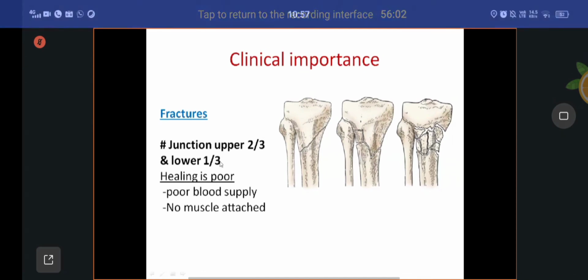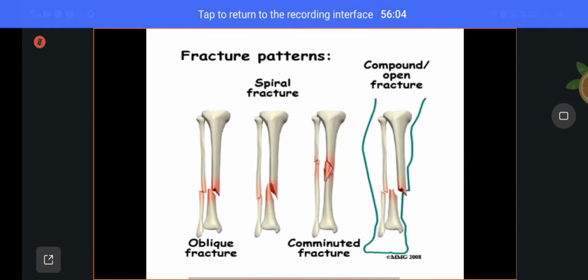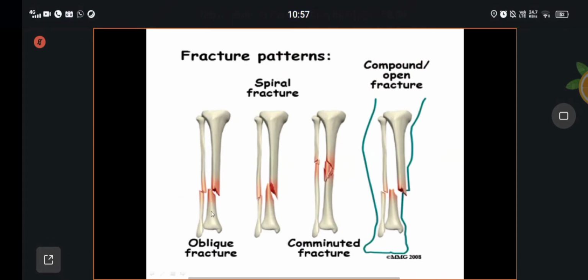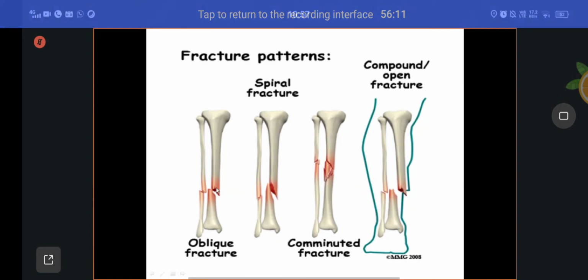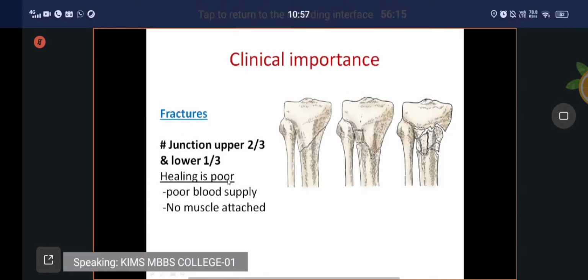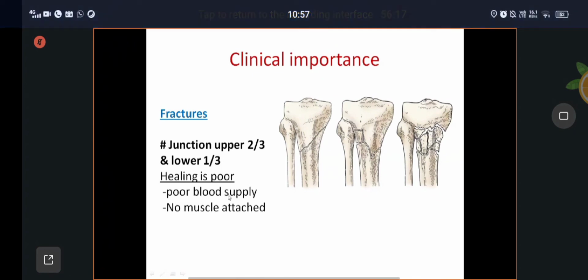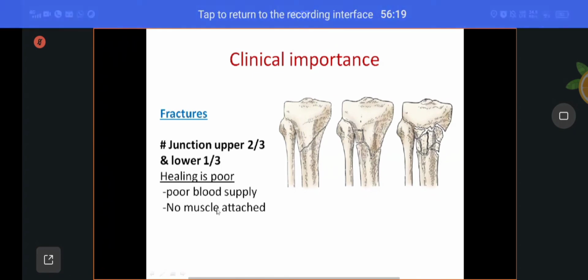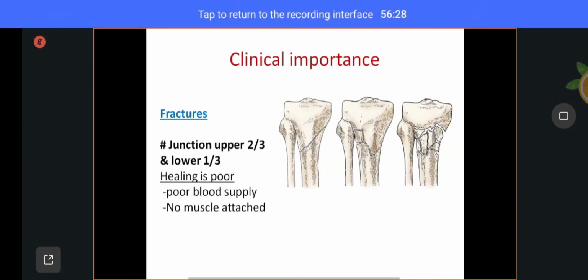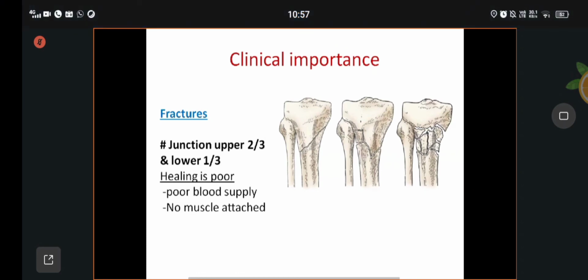If you take a fracture at the junction of the upper 2/3 and lower 1/3 of the shaft, here you can see the upper 2/3 and lower 1/3 of the bone. This is very, very important. Healing is poor because of poor blood supply, because of no muscle attached. The muscular arteries sometimes also supply the bone.